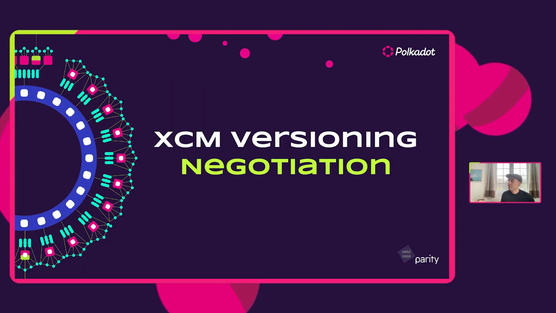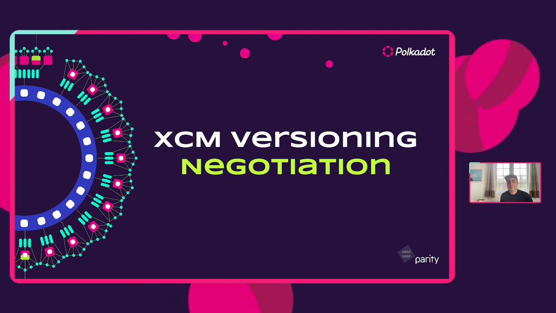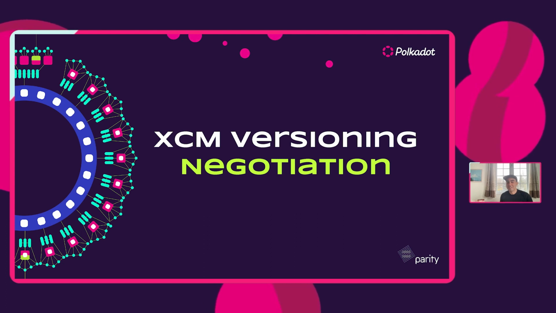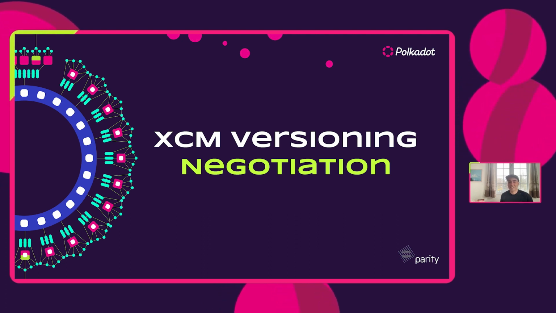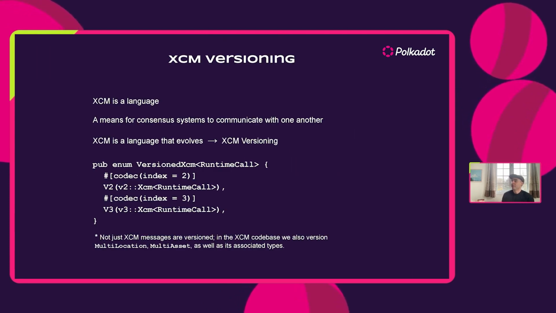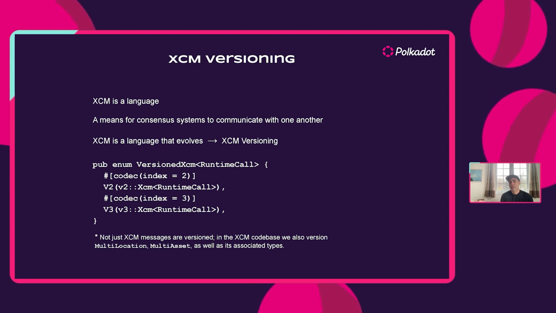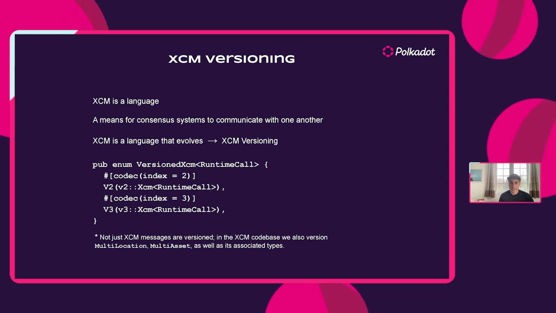So the first topic that is important that I would like to discuss is XCM versioning and how XCM versioning works, and take a bit of a deep dive into XCM version negotiation. As we all know, XCM is a language, and it's also a language that evolves over time, right?